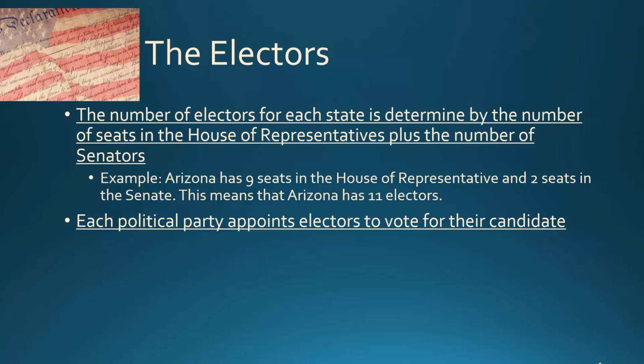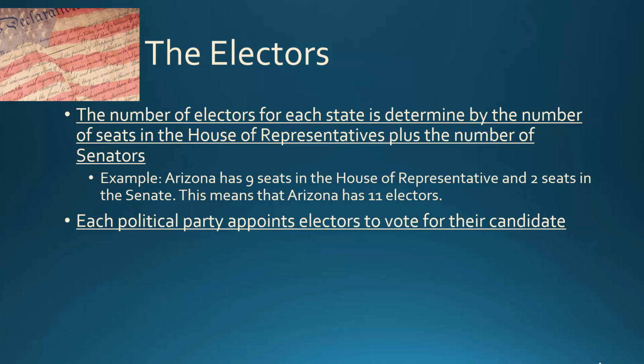Within the states, each of the political parties is going to elect or appoint their electors. So within the state of Arizona, the Republican Party will appoint 11 people to be the electors for the Republican Party.